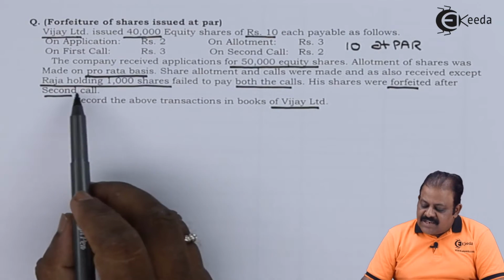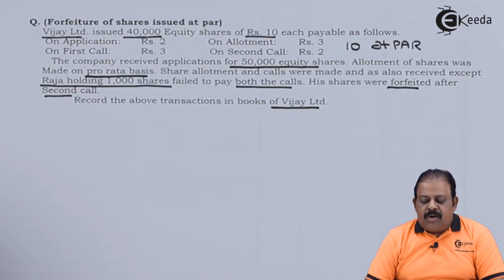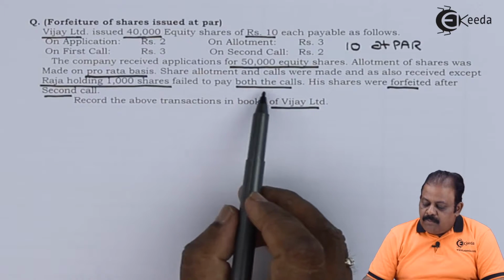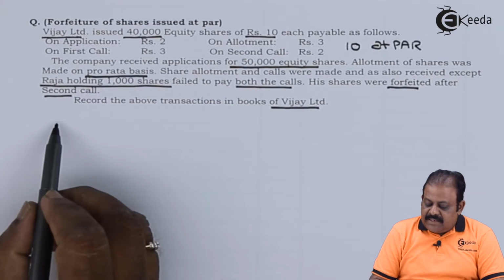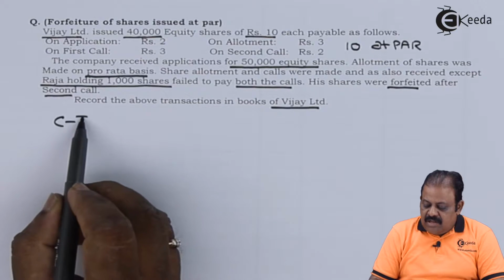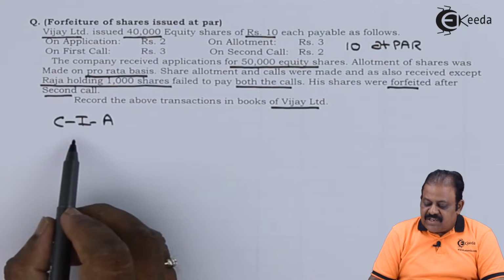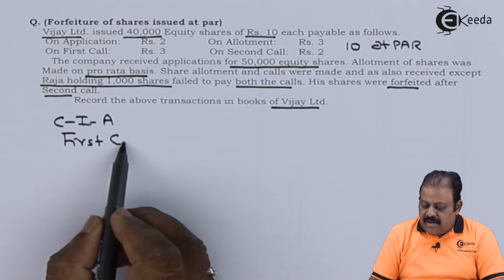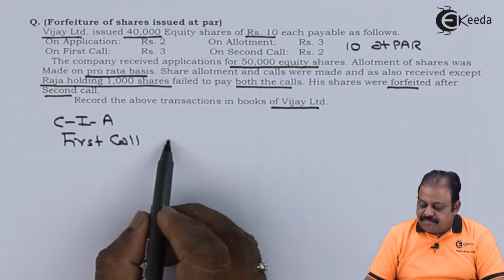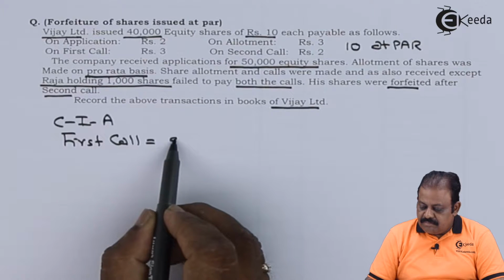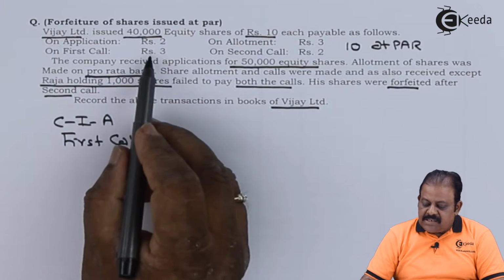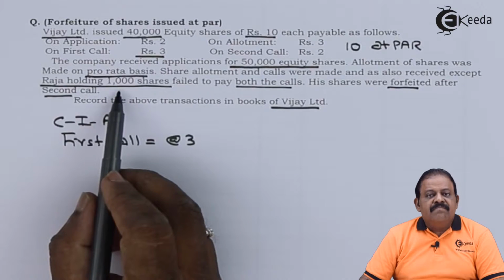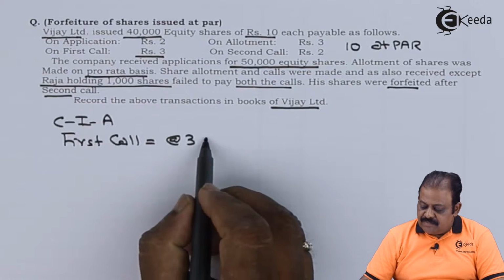Now, Mr. Raja has paid the application amount and the allotment amount. He failed to pay both the calls. That is, calls in arrears of Raja: at the time of first call, rupees 3 per share, and he has been holding 1,000 shares.